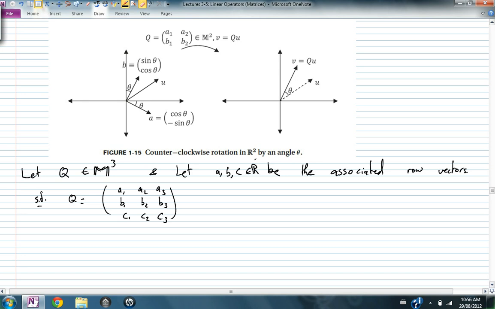These are vectors, which, just for illustration purposes, I'm going to draw like this: vector A, vector B, vector C.